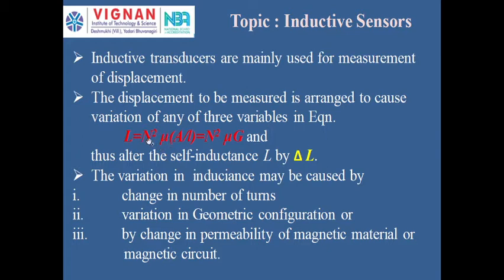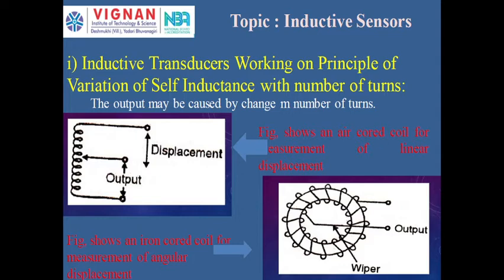That means the variation of inductance may be caused by a change in number of turns, a change in geometric factor, or a change in permeability of the magnetic material or magnetic circuit. Thus, if the number of turns, geometric factor, or magnetic material permeability changes, that changes the self-inductance L by some delta L, that is the change in self-inductance.